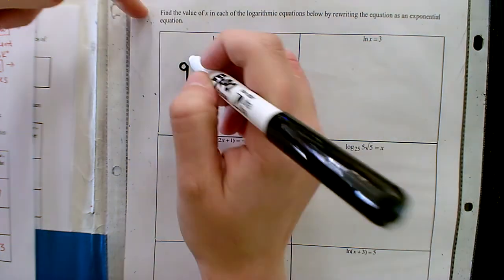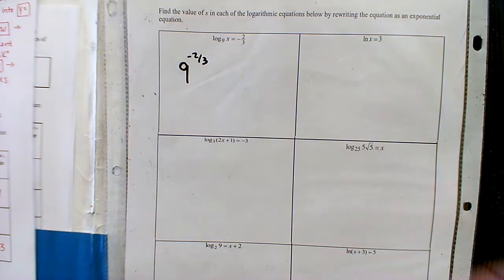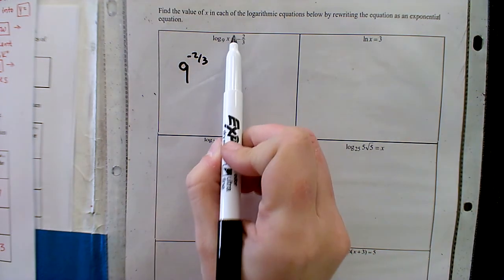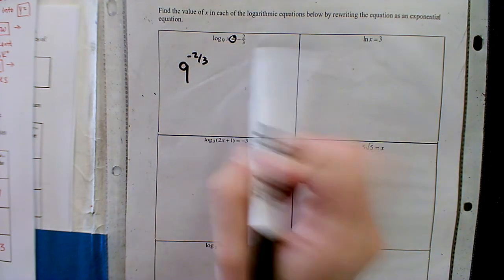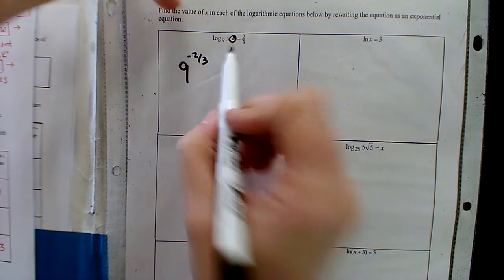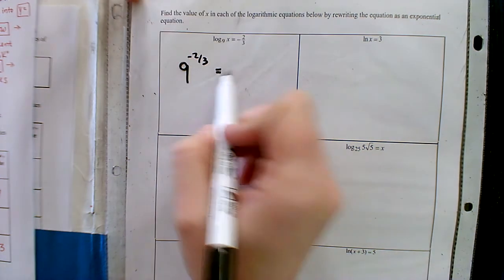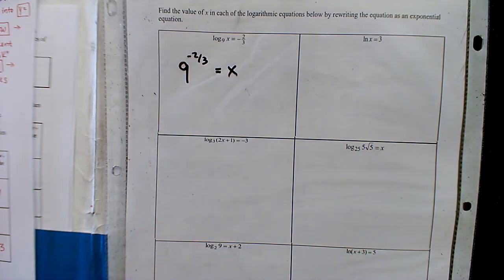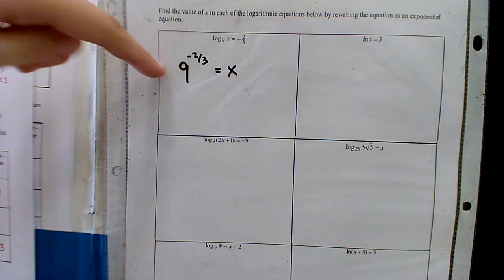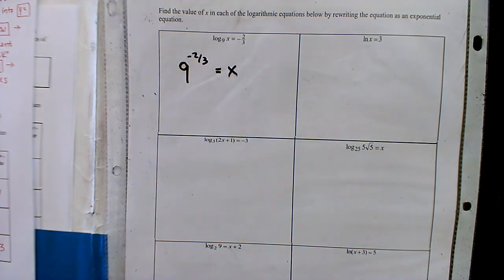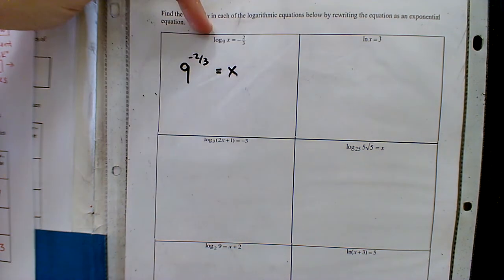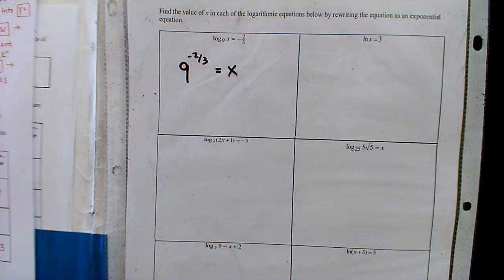Good, okay, logs are powers. So this log, aka power, is -2/3. And that means the argument of x is going to be the answer or the output for this exponential function. So we just converted a log equation to an exponential.